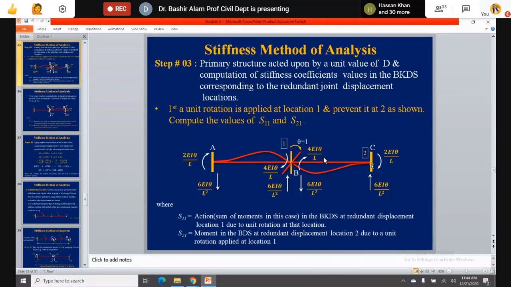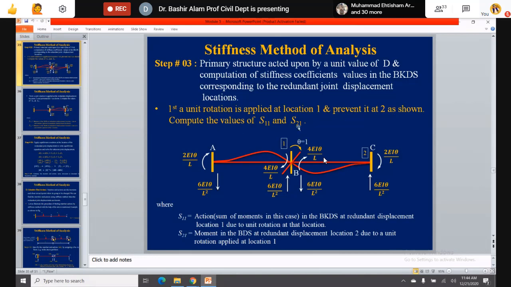And at 2 it is prevented. Here you see, still we keep the fixed support. Only rotation, here you see this orange vertical line, it is becoming inclined and theta is equal to 1. Rotation was unknown here, D1 was rotation, so corresponding to this theta 1 we are providing, and as a result this will become the deformed shape of this structure.